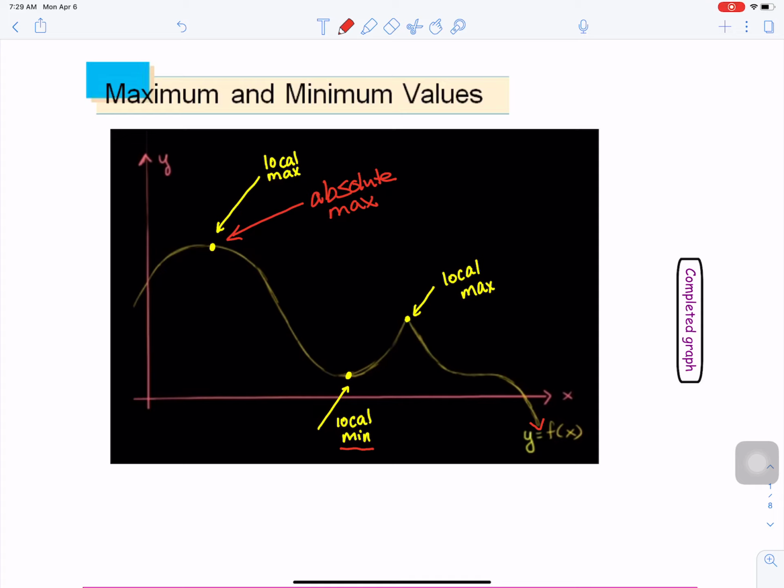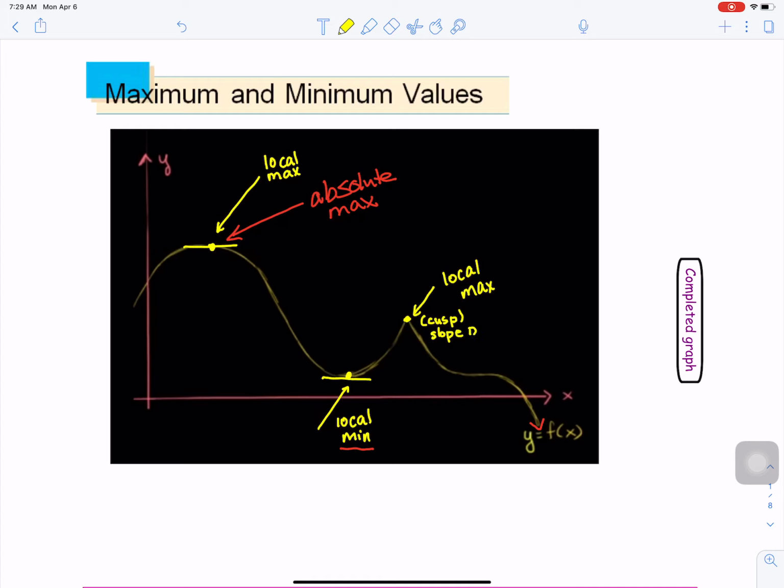Now, for all of the maximums and minimums we see, you should notice that at those values, the slope is 0 there, 0 there. Now, because this is a cusp, the slope is undefined.